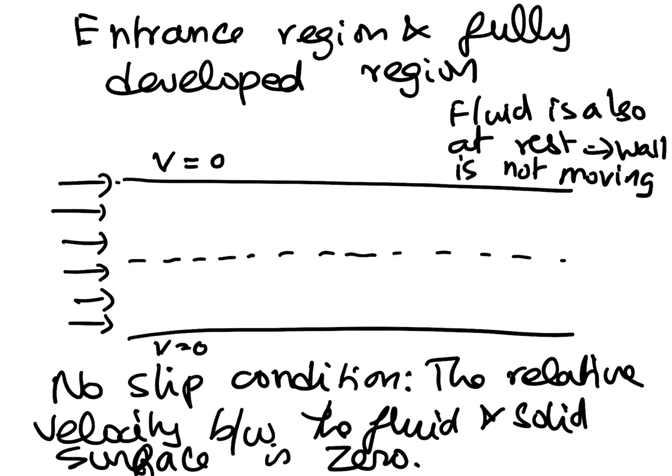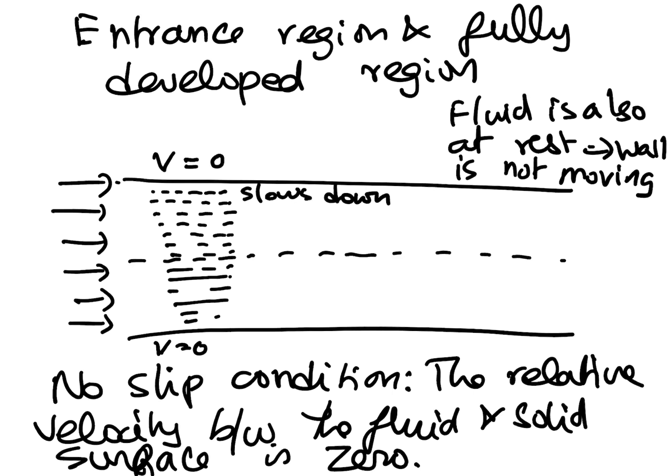I have a pipe flow, and I have uniform flow coming in. The fluid that is attached to this wall is at rest. It pulls back the very next fluid layer, and as a result, that layer slows down a little bit. This layer pulls on the next layer a little bit also, and progressively the drag exerted by the wall is felt through the entire cross section.